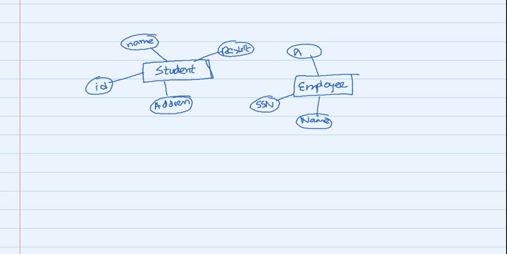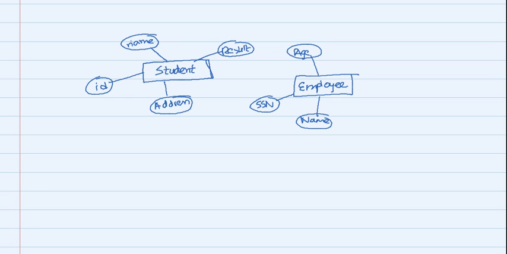I'm just showing you two examples. These are the features or the characteristics of each entity. We call these attributes, and these are denoted with oval shapes. These lines join an entity and an attribute, and each entity has many attributes.